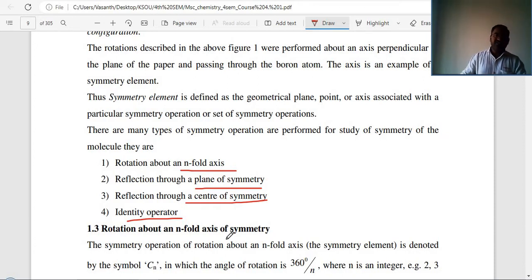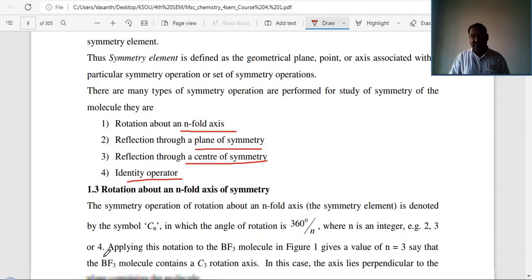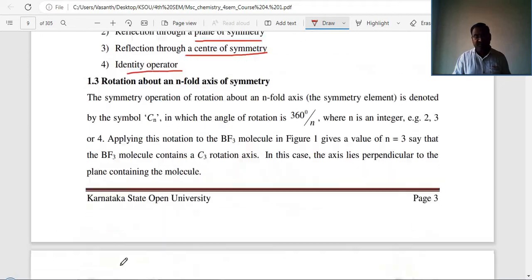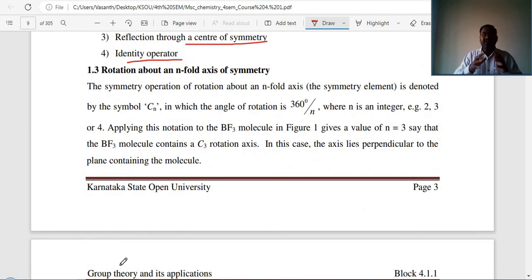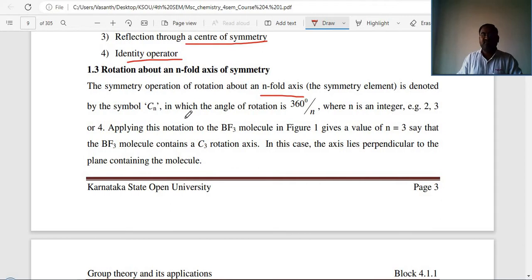Now we are going to discuss rotation about an n-fold axis. The symmetry operation of rotation about an n-fold axis is denoted by the symbol Cn, in which the angle of rotation is 360 by n, where n is an integer.